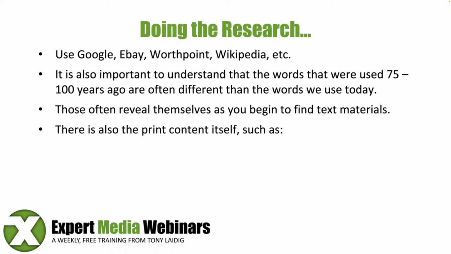You also draw from the print content itself. So for instance, you want to identify author names. An easy way of doing that is searching something like early self-help authors, just using that phrase.